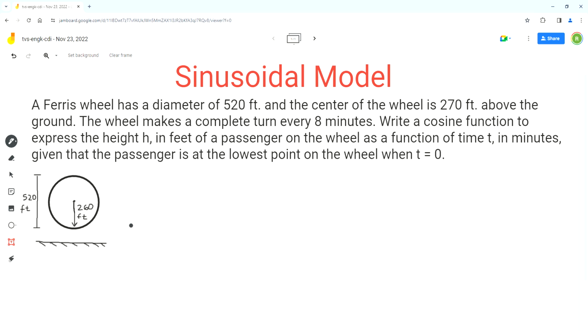Now we are also given that the center of the wheel is 270 feet above the ground. So that means the distance from here all the way to the ground is 270 feet.